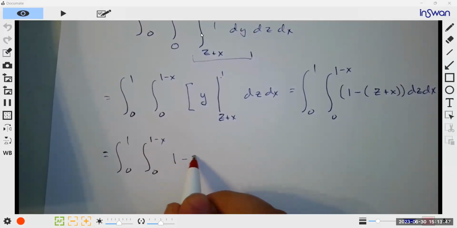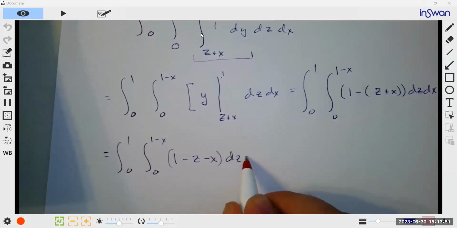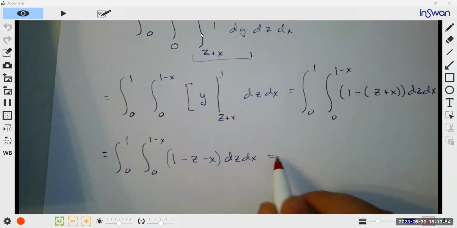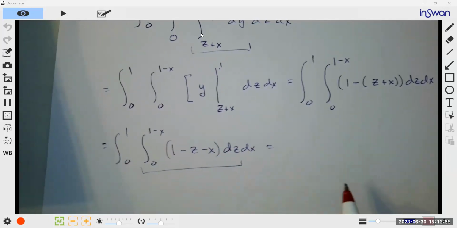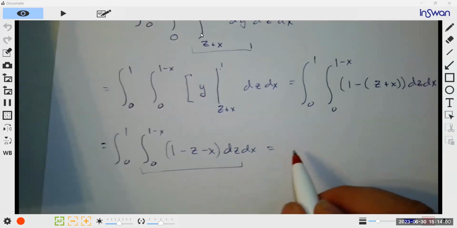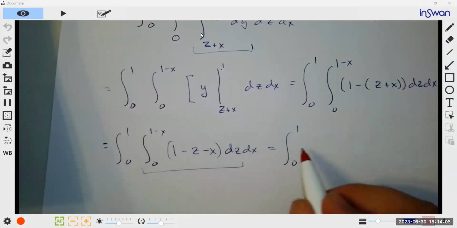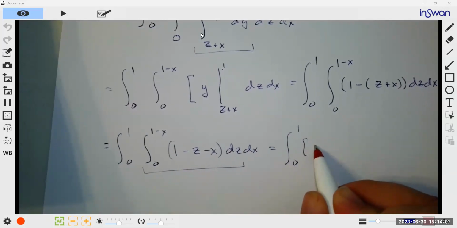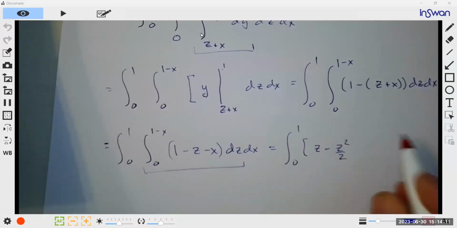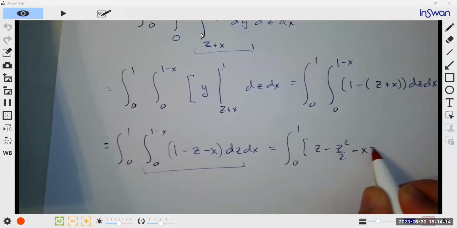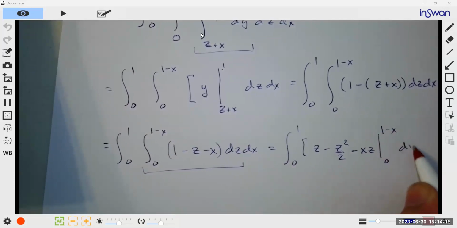Our function is that, dz dx. Now we integrate it with respect to z. The integral of 1 is z minus z squared over 2 minus xz, from 0 to 1 minus x, dx.